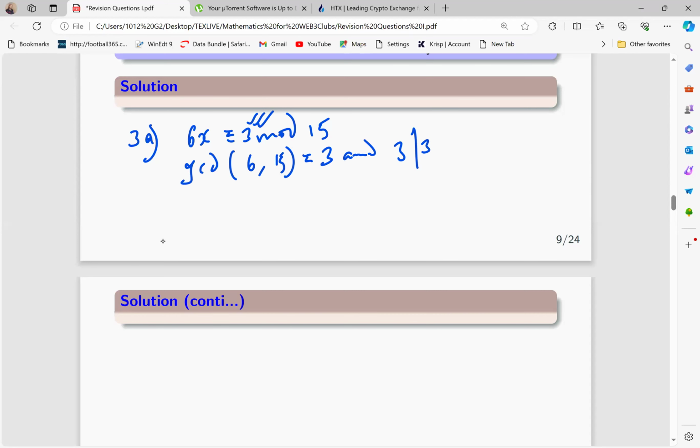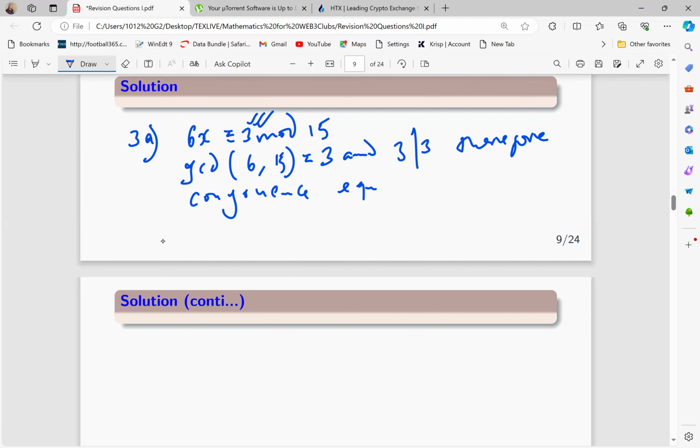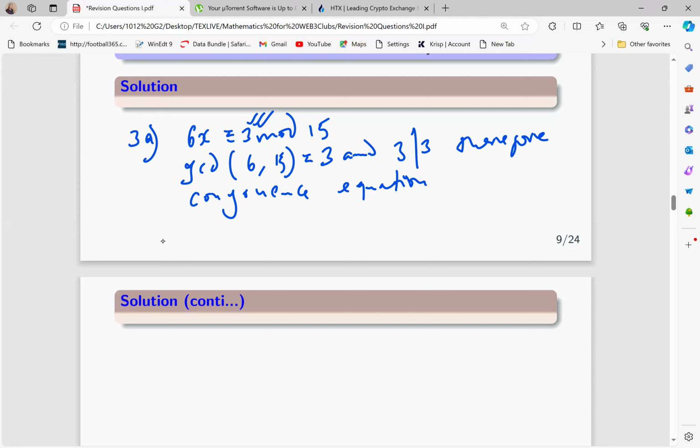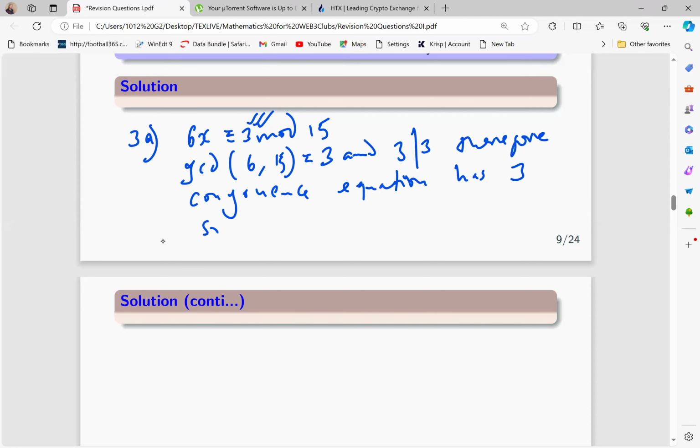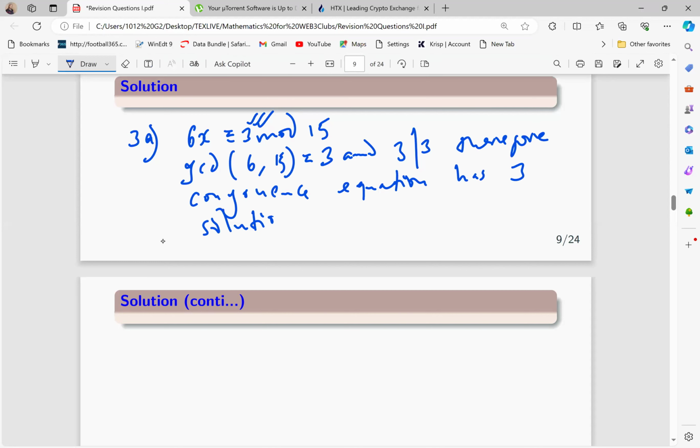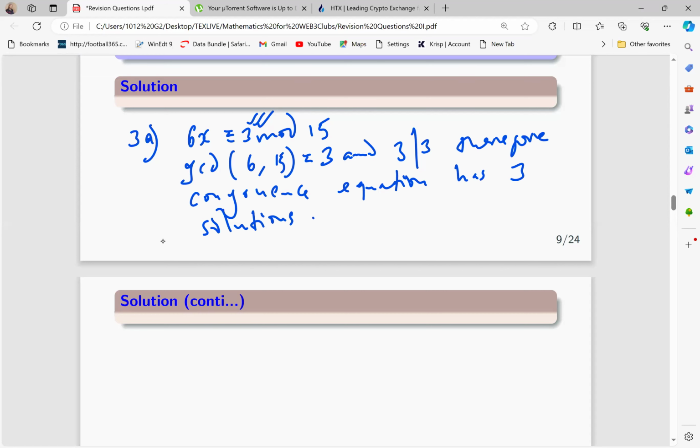So it means the congruence equation has a solution. In fact, it has 3 solutions. The number of solutions equals the GCD. Is that okay?